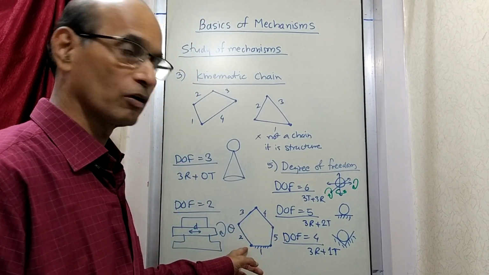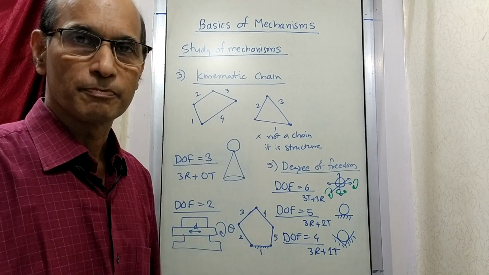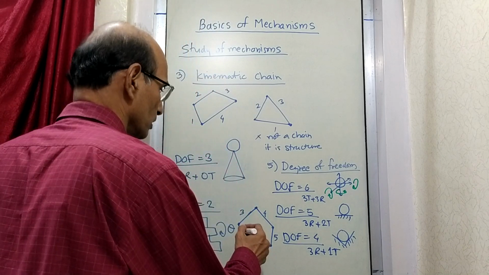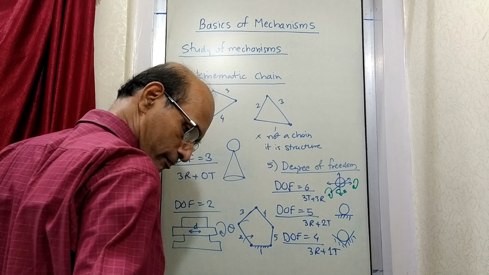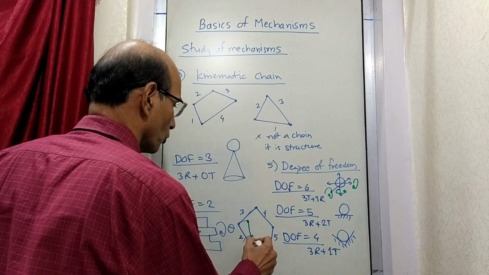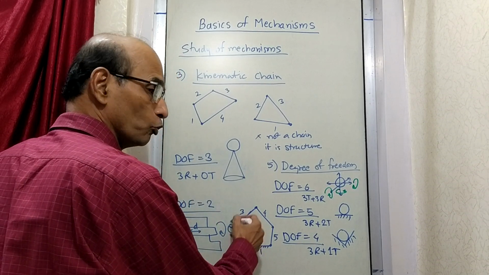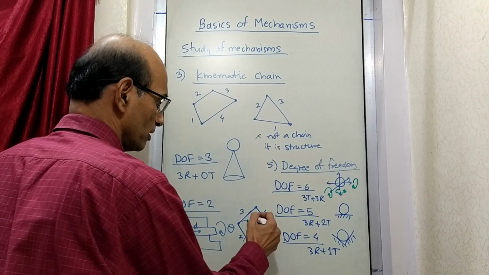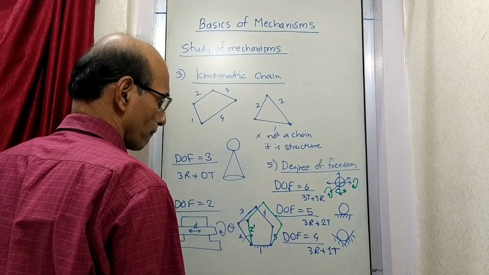There is a chain, it has got 5 links and one link is fixed. Now suppose we rotate link number 2 like this. That means link number 2 has come here. This is the new position of link number 2, link 2 dash. Now if link 2 comes here, where will be the other 3 links? 3, 4 and 5. See, link 3 can go here, 4 can be here and 5 can be here.